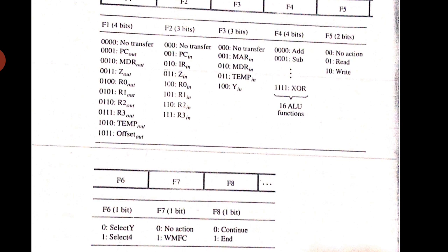An active code is not needed in all the fields. For example, F4 contains 4 bits that specify one of the 16 operations performed in the ALU. Only one operation among these 16 is performed.